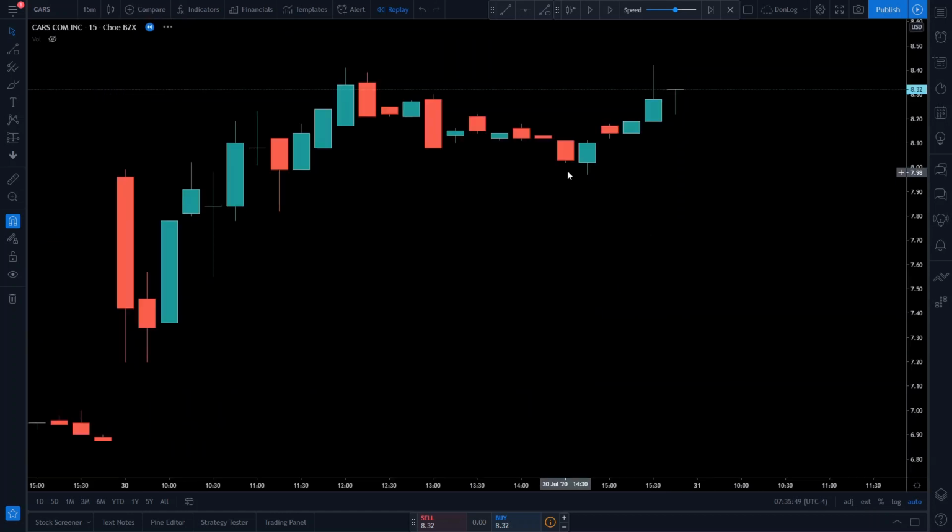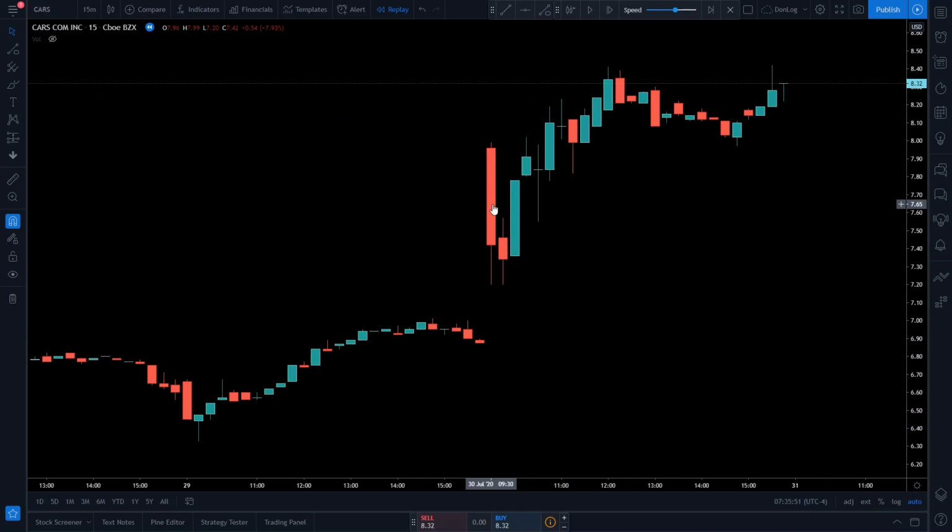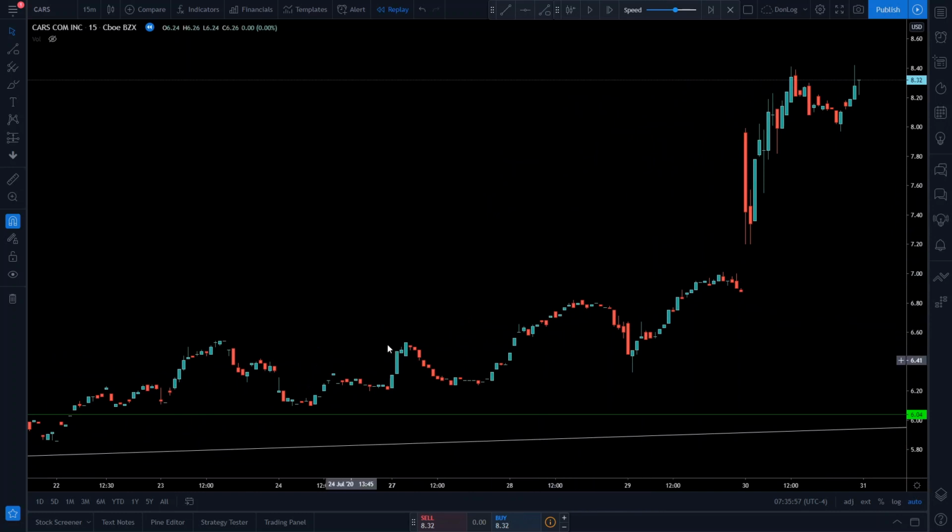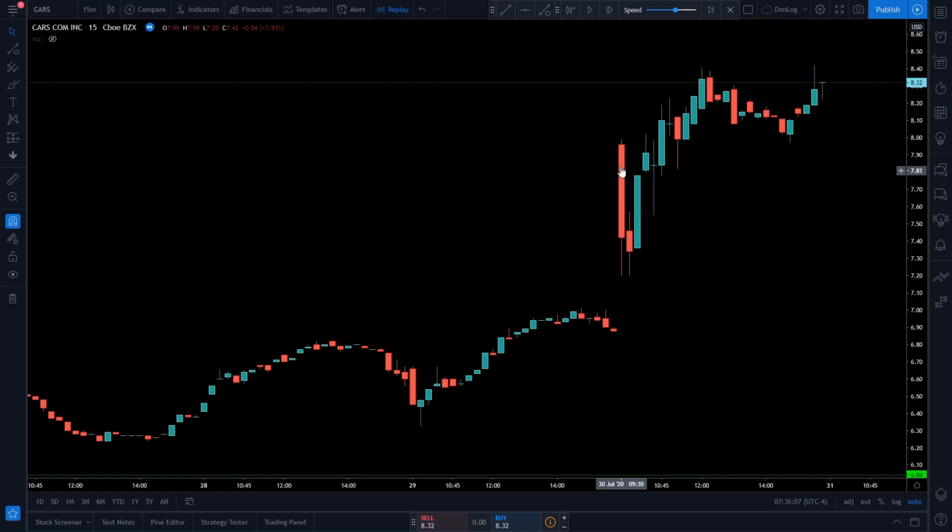Well, let's start taking a look on a more intraday level, right? And so here is the jump up here. So you can see the movement. And so again, you don't want to be getting caught off guard. This is how tickers move, right? This is how price moves. So you can see price opened here and moved all the way down.